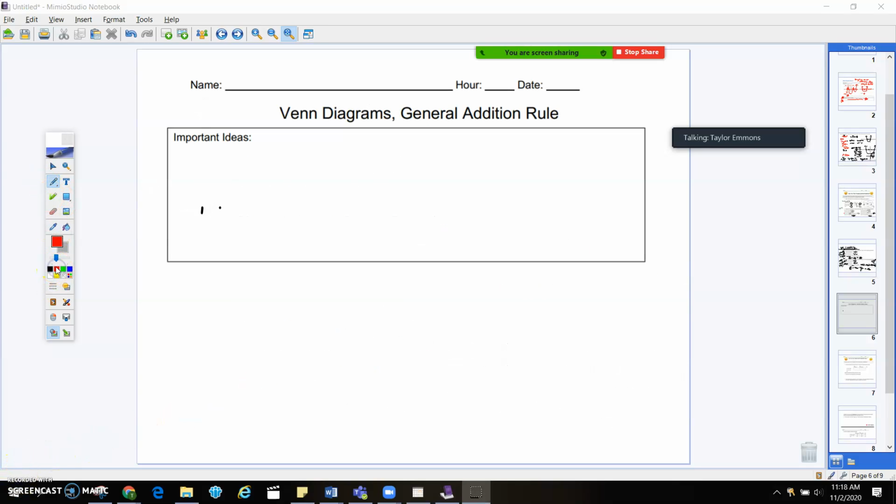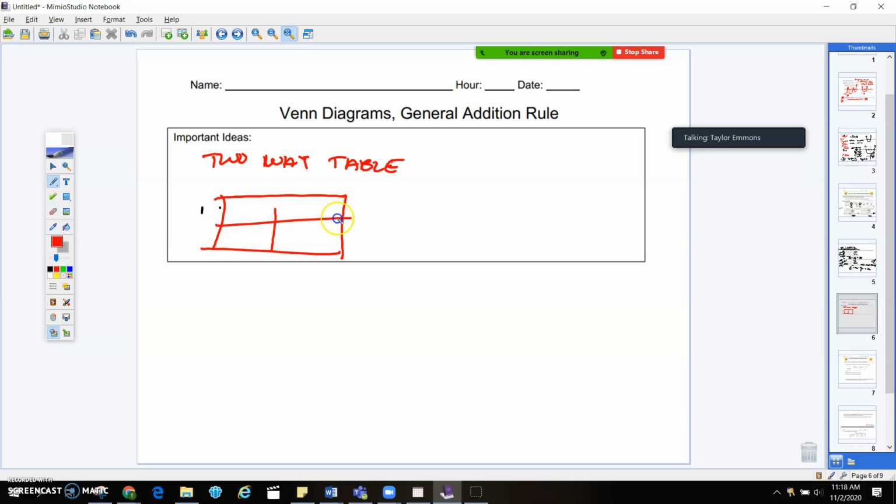All right, so the big takeaways from this are the two-way table, which was the little 4 boxes, and we had 1, 2, 3, 4. We had probability of B, probability of A, and A naught, and B naught.